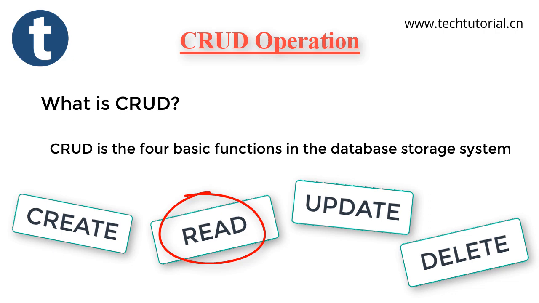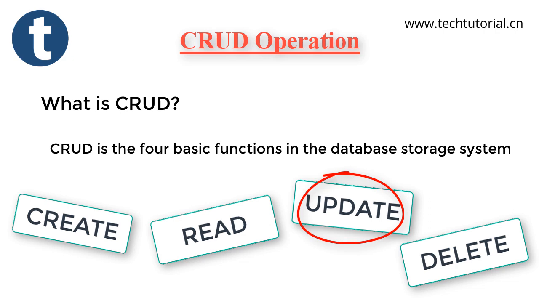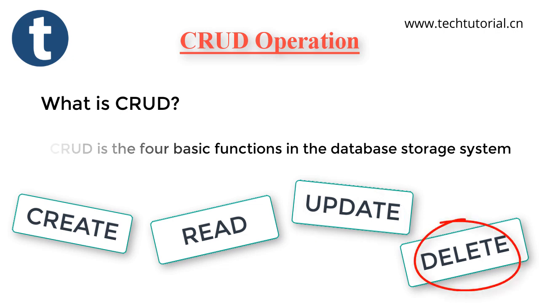Okay, if I want to change some book information, at that time the update function will be called. And if we want to remove books from the library database, at that time we will call the delete function.